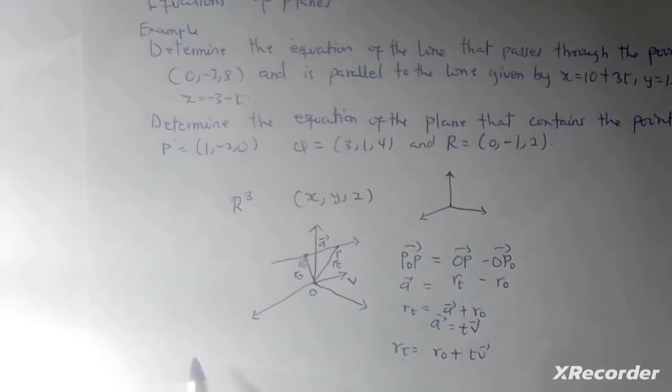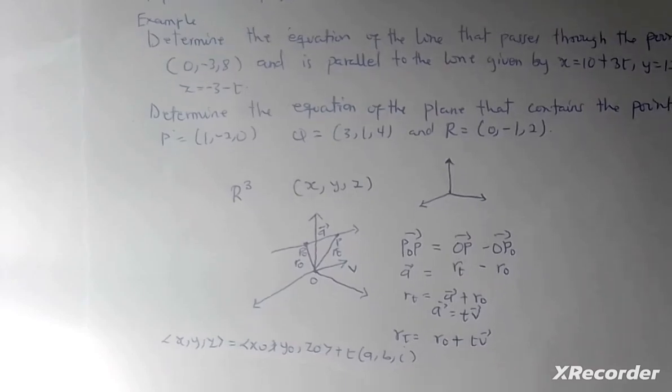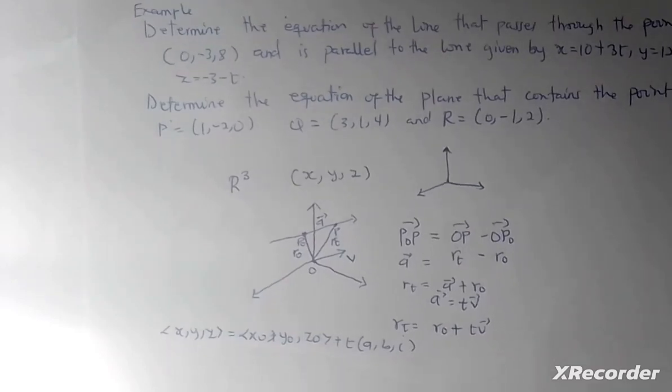So we assume it to be x, y, z, with angle brackets, used to represent vectors. (x, y, z) is equal to R naught, which is a known point (x naught, y naught, z naught), plus t times our vector, represented with (a, b, c), known as the directional vector. The numbers are directional numbers, so they show the direction of the line.